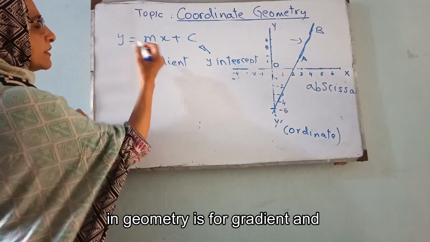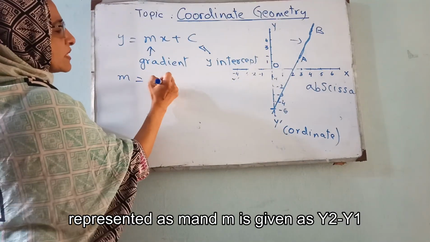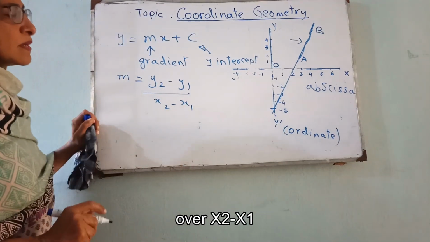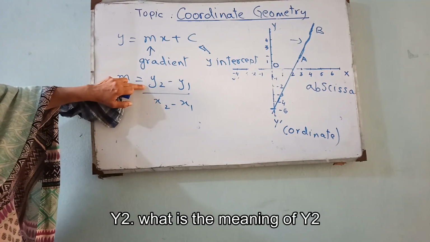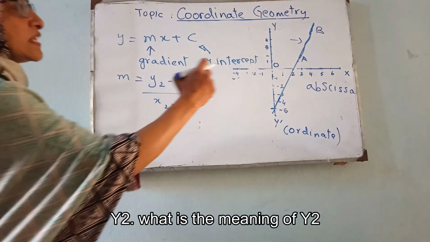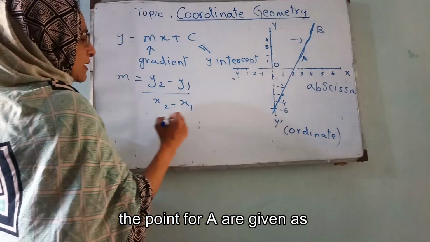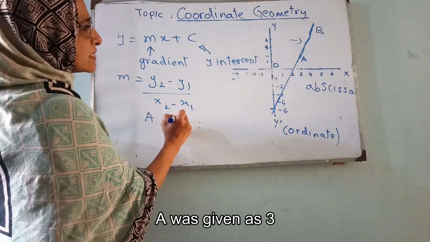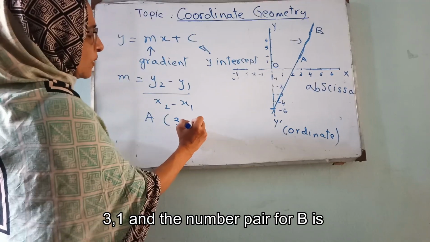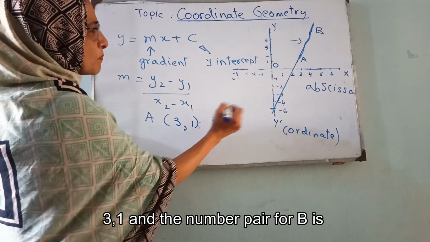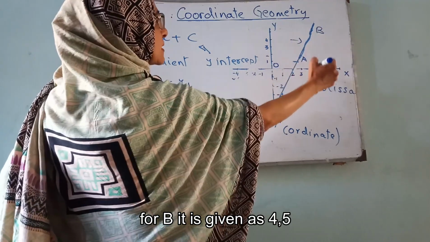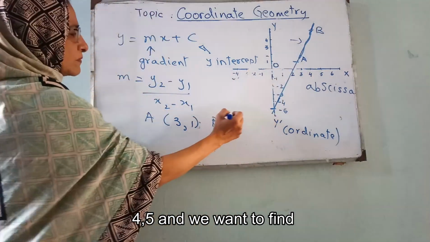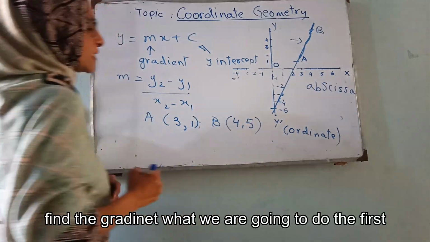The gradient, represented by m, is given as y2 minus y1 over x2 minus x1, right? Now what is the meaning of y2? As we have seen here, the number pair for A was given as (3, 1), and the number pair for B is given as (4, 5), and we want to find the gradient.